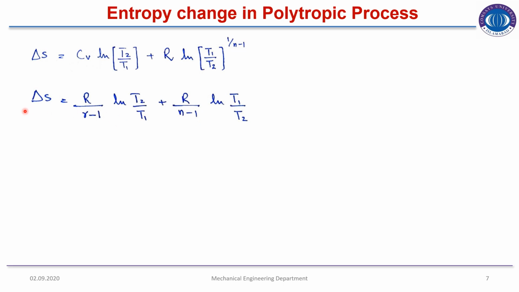So the main equation becomes delta S is equal to R over gamma minus 1 times natural log T2 over T1. Here we have replaced the value of Cv. We have two relations: one is Cp minus Cv is equal to R, and the other is Cp over Cv is equal to gamma. Combining both relations, the value of Cv comes out to be R over gamma minus 1.